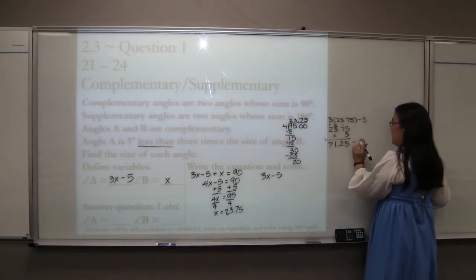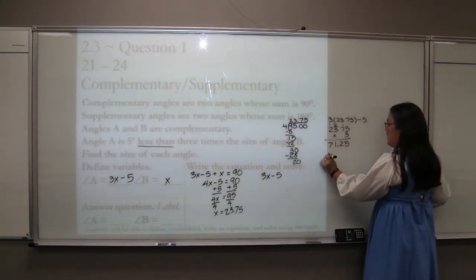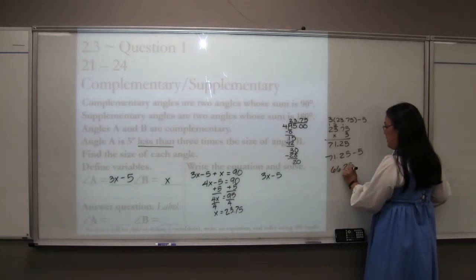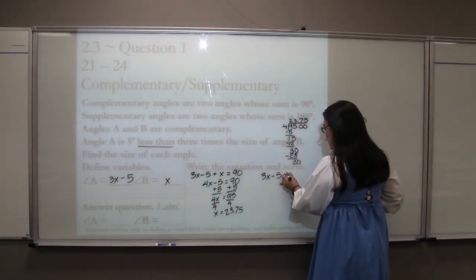Minus 5 still. So if we have 71.25 minus 5, that would give us 66.25.